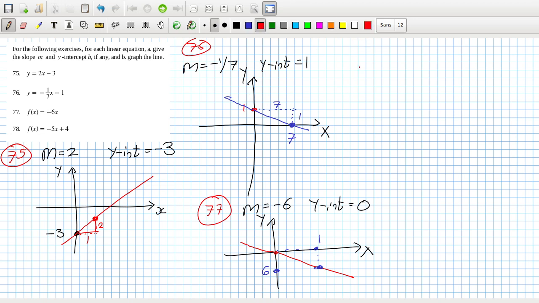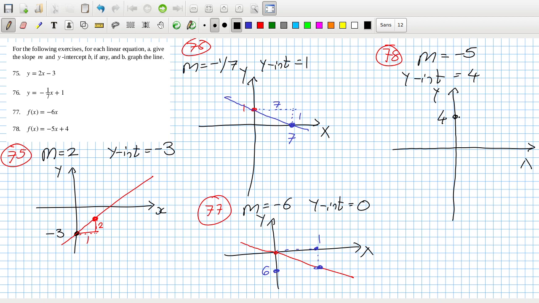Okay. 78. So the m is -5. The y-intercept is 4. So if I sketch that out here, it means we're crossing here at 4.